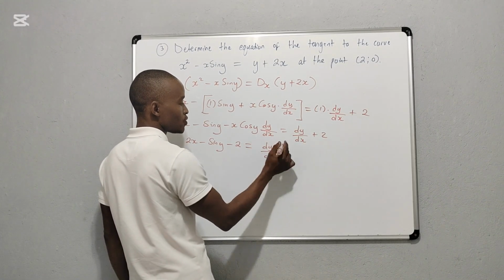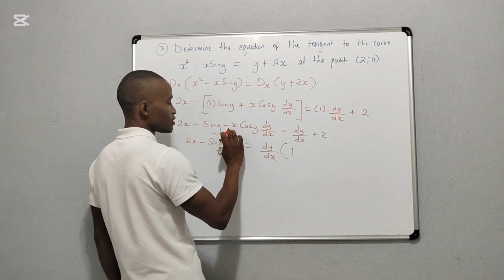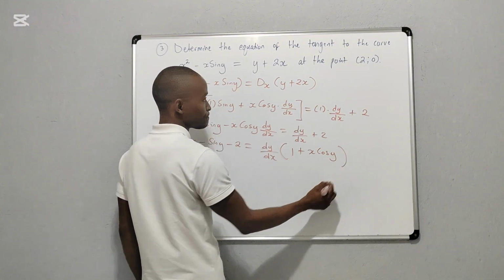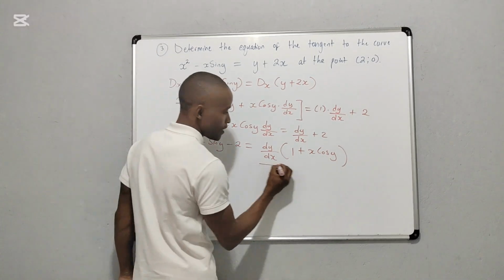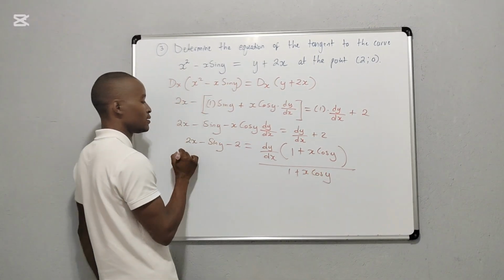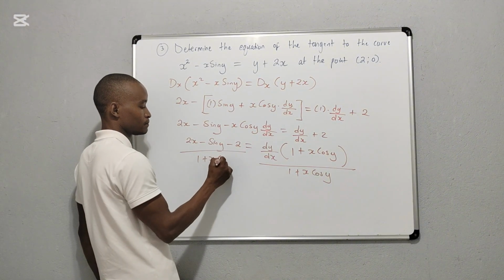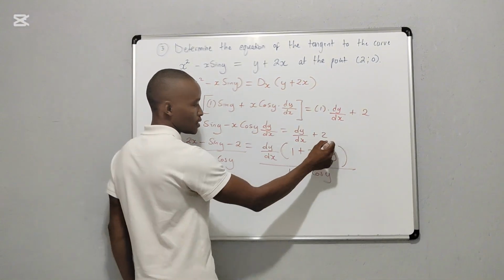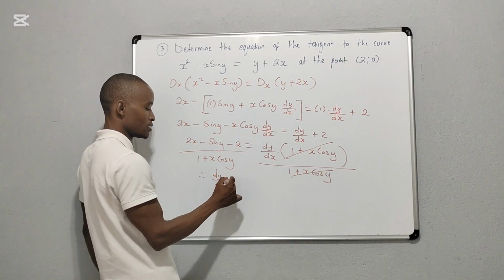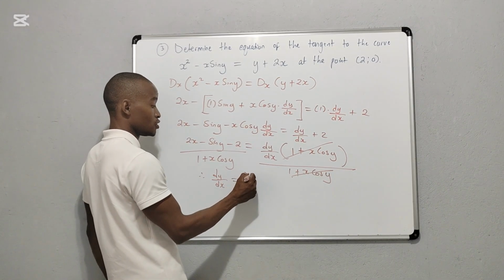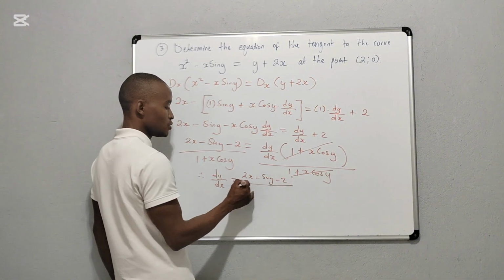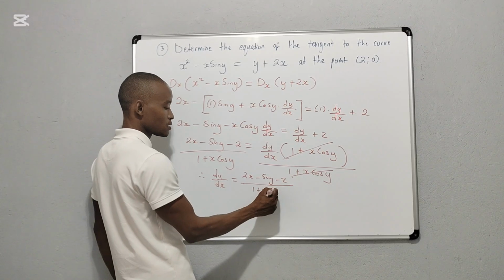We factor out the dy over dx: 1, now the minus becomes a plus x cos y. Divide both sides by 1 plus x cos y, cancellation there, and therefore dy over dx is equal to 2x minus sine y minus 2 over 1 plus x cos y.